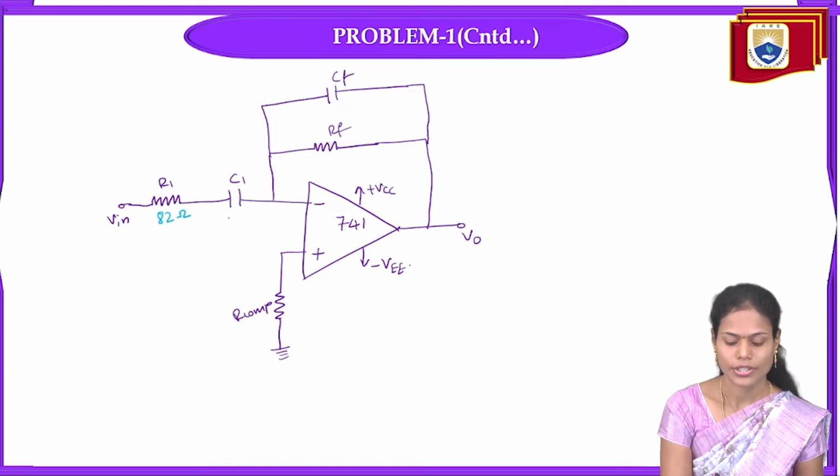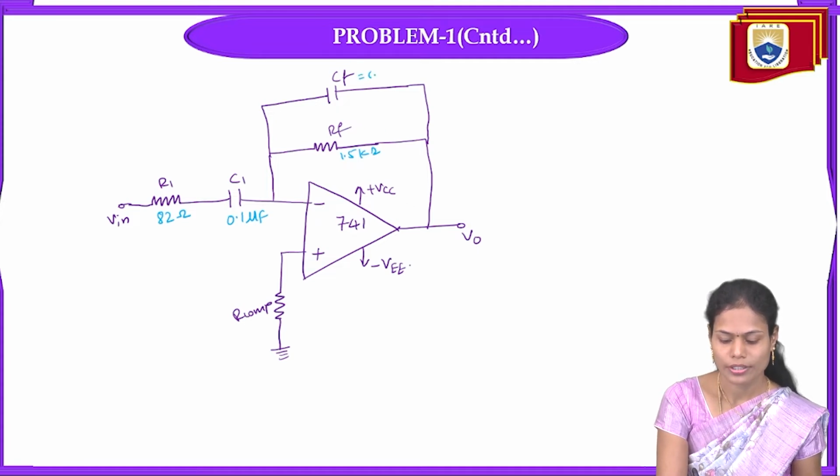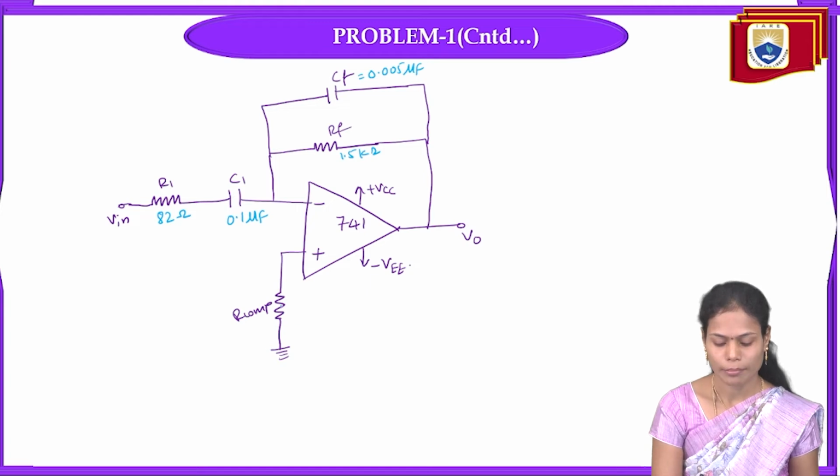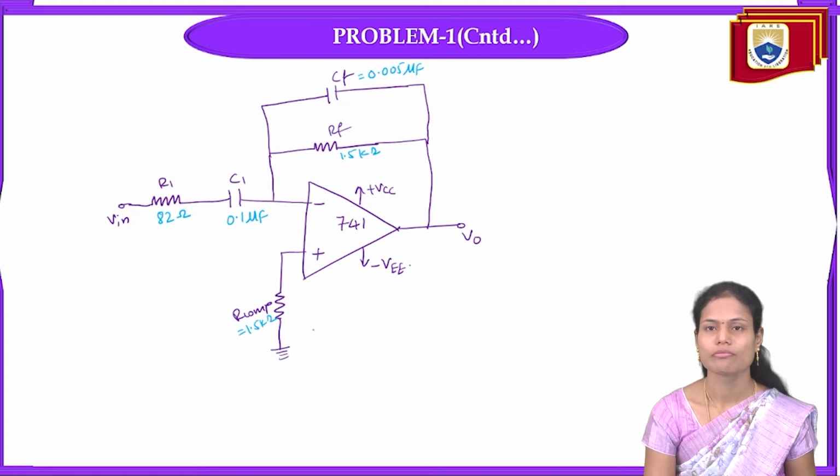C1 we have considered as 0.1 microfarads. And RF we got as 1.5 kilo ohms. And CF value is 0.005 microfarads. And R compensation value is 1.5 kilo ohms. So these are the values we calculated from the given frequency of the signal.